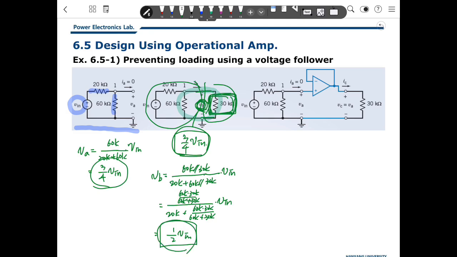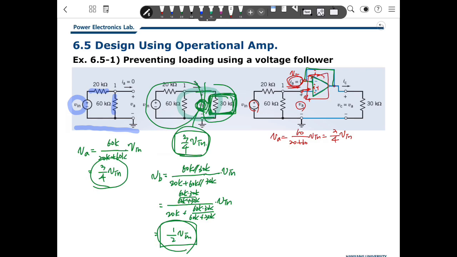To prevent this, we can insert the voltage follower here. Then how do we check? At first, we define this as V positive and this as V negative, then this is I plus and this is I minus. You know this current is 0, so VA is 60 kilo over 20 kilo plus 60 kilo times V in, which is 3/4 V in.